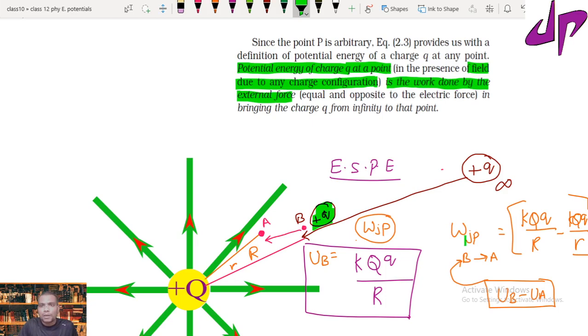Here I myself am the external force, the work done by me in bringing the charge q from infinity to that point.